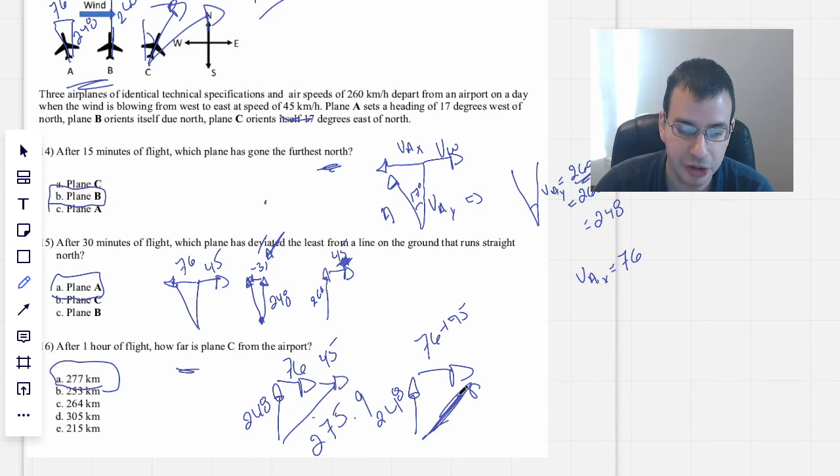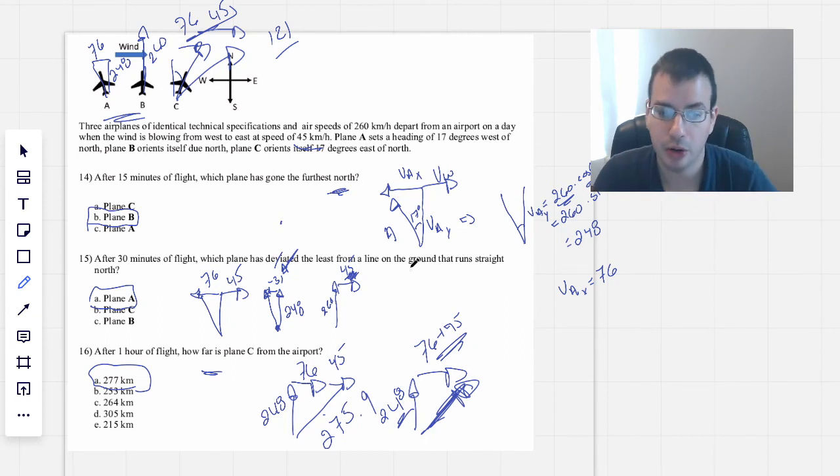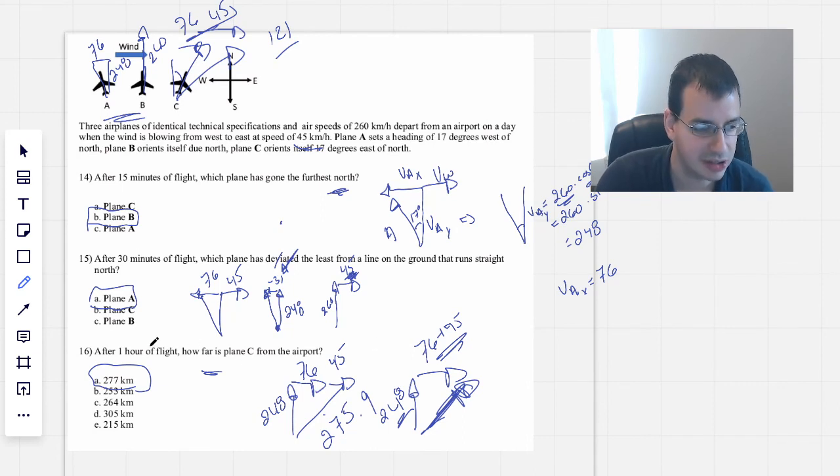We find the hypotenuse of those, and that hypotenuse is bigger than either 248 or 76, which it is, 275. Yep, and that gives us the total speed of 275.9 kilometers per hour, multiplied by 1 hour. That gives us about 276, which I'm assuming I made some sort of rounding error, which I probably did. And it should actually be 277.